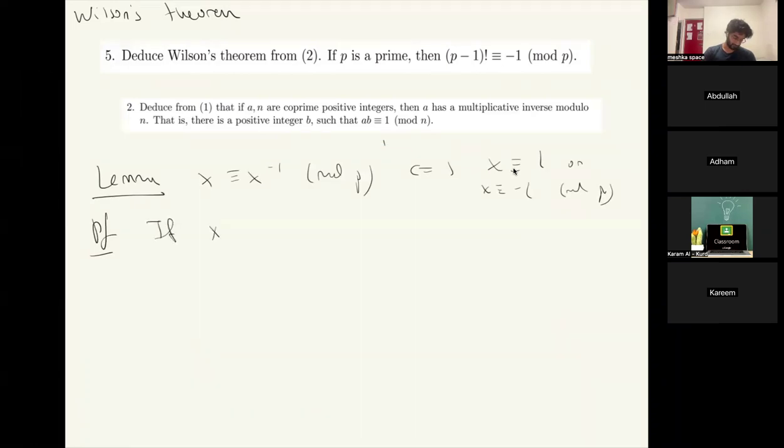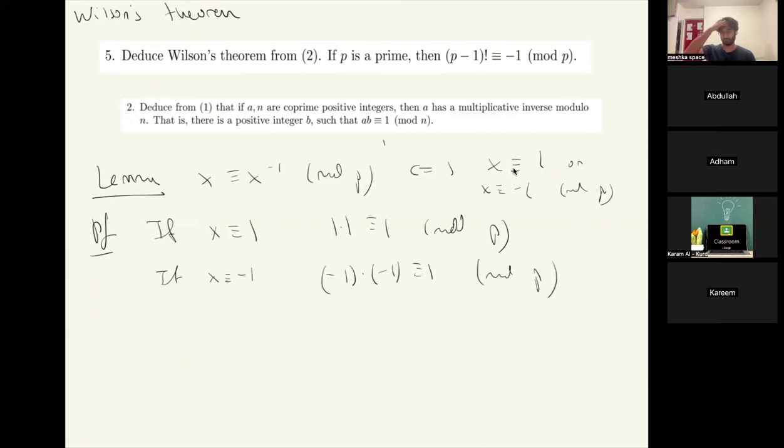If x is congruent to 1, then 1 times 1 is congruent to 1 mod p, so it's its own inverse. If x is congruent to -1, then -1 times -1 is 1 mod p, so it will be its own inverse.